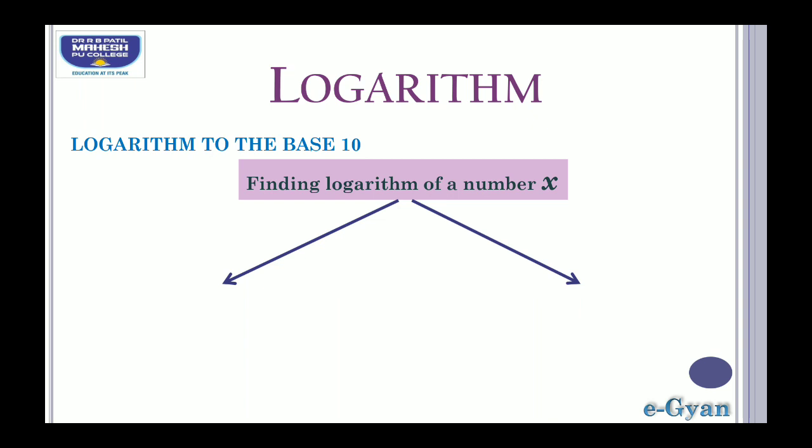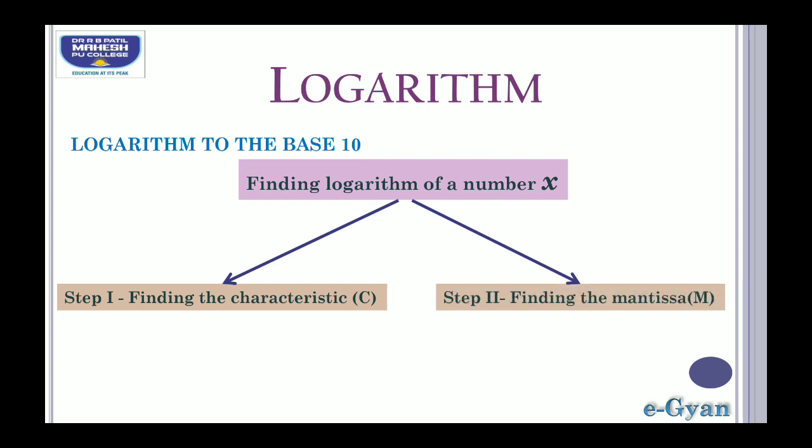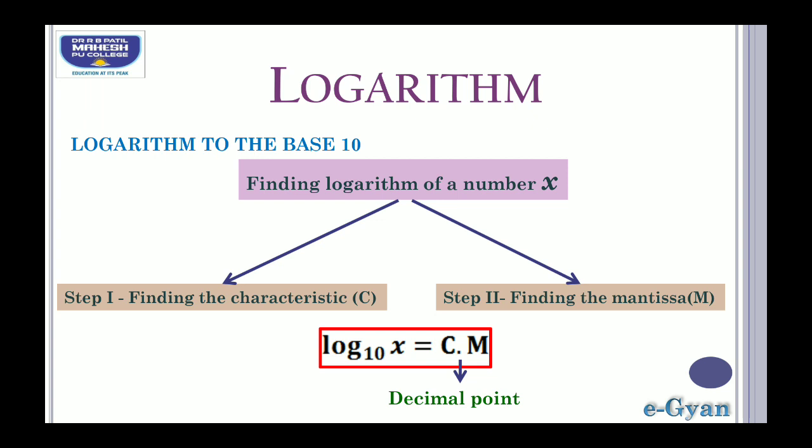It consists of two steps. Step 1 is to find the characteristic of the number, and step 2 is to find the mantissa. Once we find the characteristic and mantissa, log of any number x to the base 10 can be written as c dot m, where this dot is the decimal point. Now, what this is, you will understand in the coming slides.